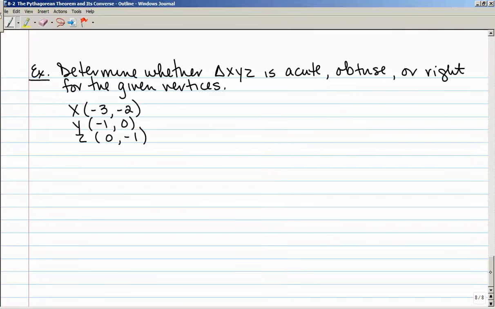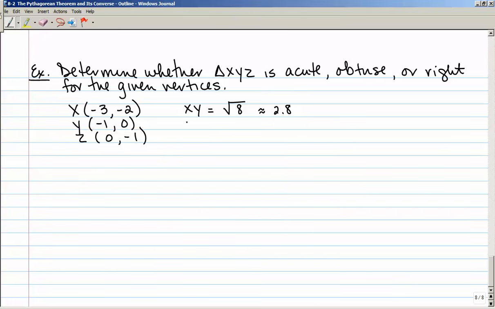And our last example here gives us coordinates for the vertices of triangle XYZ and asks us to tell whether it is acute, obtuse, or right. So the first thing we need to do is to find the length of each side of this triangle. Using the distance formula, and you can do this with the program in your calculator, I determine that the length of XY is the square root of 8, which is approximately 2.8.